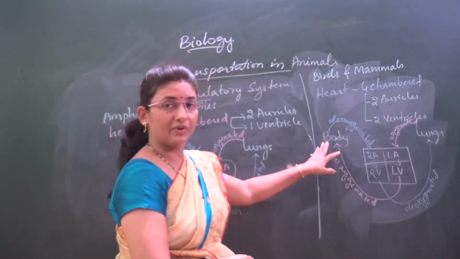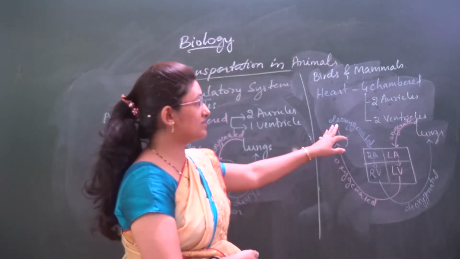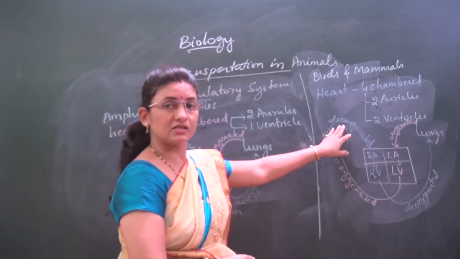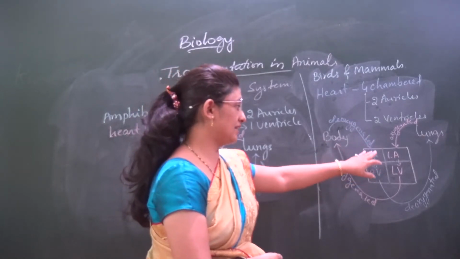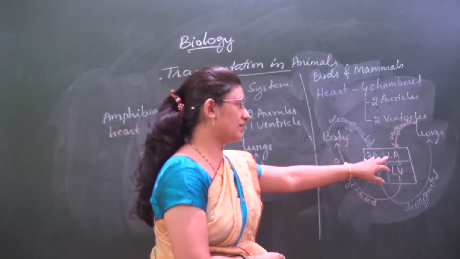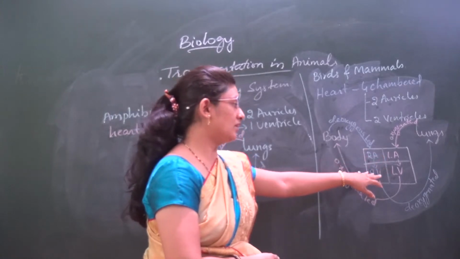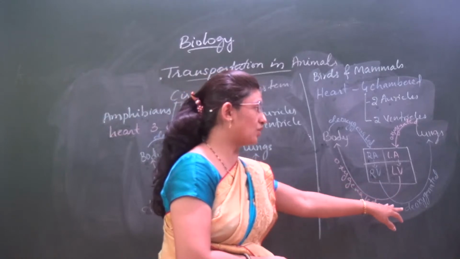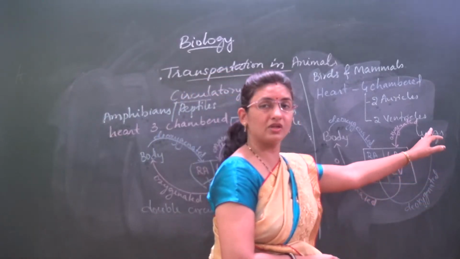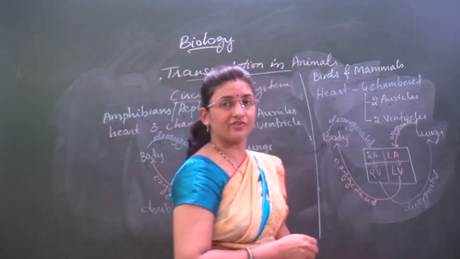Waste in the form of carbon dioxide is released. Blood is rich in carbon dioxide. This deoxygenated blood is collected into the right auricle. From the right auricle, it moves into the right ventricle. From the right ventricle, deoxygenated blood is taken back to the lungs for the exchange of gases.